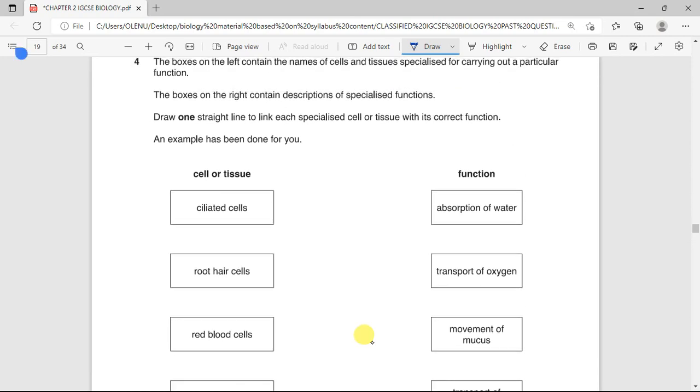Now, I have a question here too. The boxes on the left contain the names of cells and tissues specialized for carrying out a particular function, and the boxes on the right are the descriptions of specialized function. Draw a straight line to link each specialized cell or tissue with its correct function. An example has been done for you.